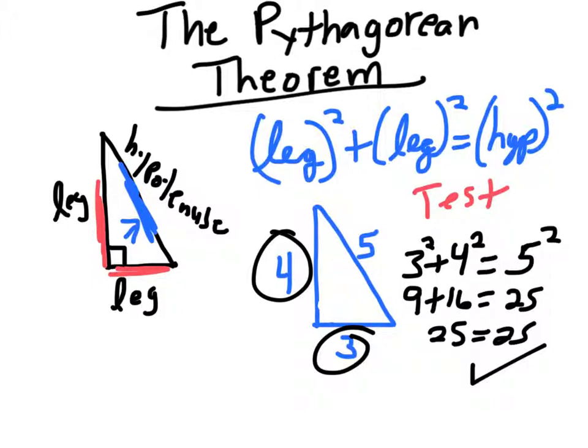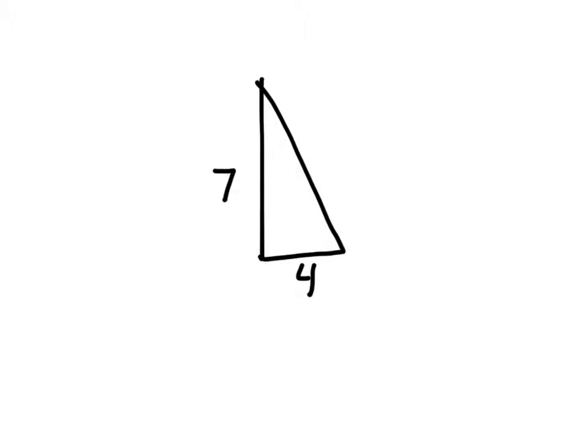So let's try another one to see. Let's say this one is 4, 7, and 12. Okay, and I put a right angle there. I shouldn't do that because I haven't tested it yet. Let's see if it really is a right triangle. So I'm going to take the legs.